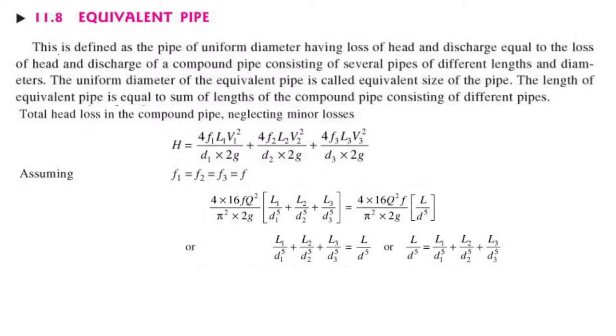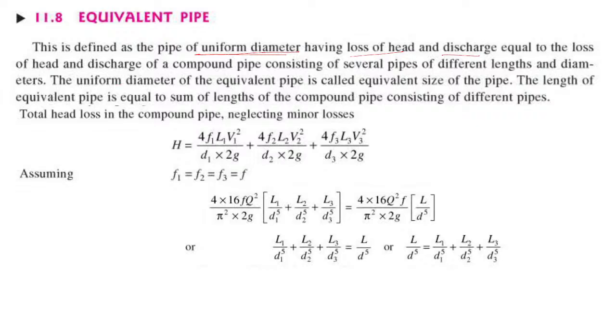This is defined as a pipe of uniform diameter, having a loss of head and discharge equal to the loss of head and discharge of the compound pipe consisting of several pipes of different lengths and diameters.